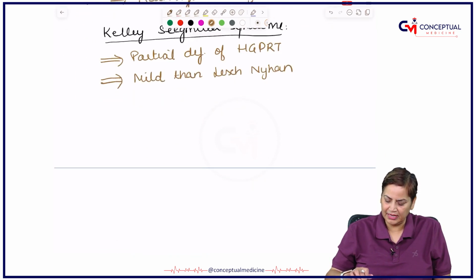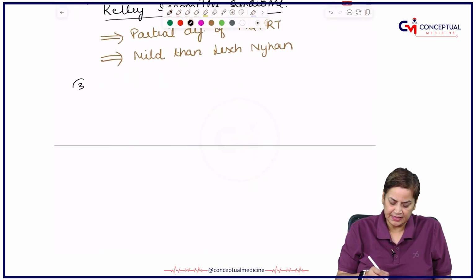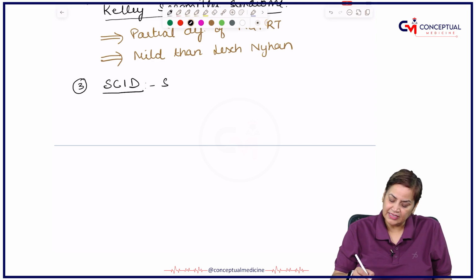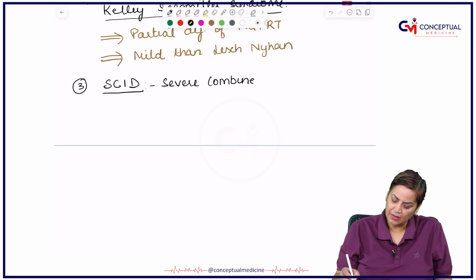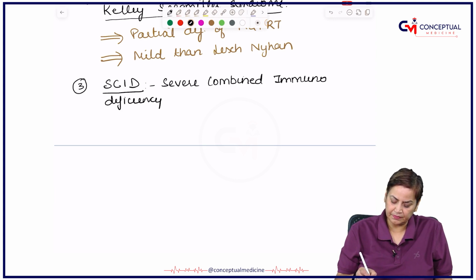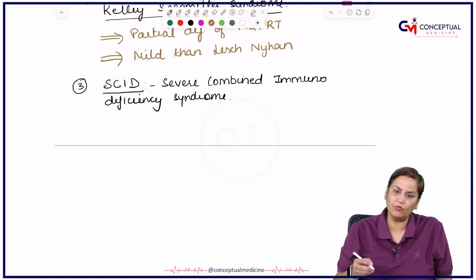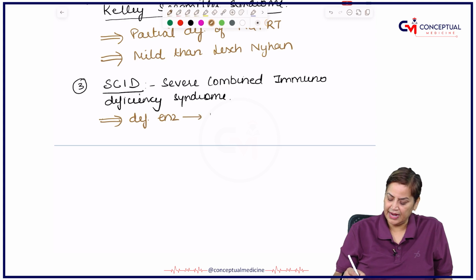And the third one is SCID. SCID stands for severe combined immunodeficiency syndrome. The deficient enzyme here is ADA, adenosine deaminase.